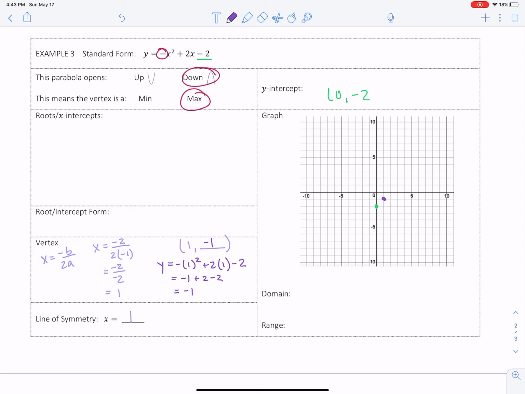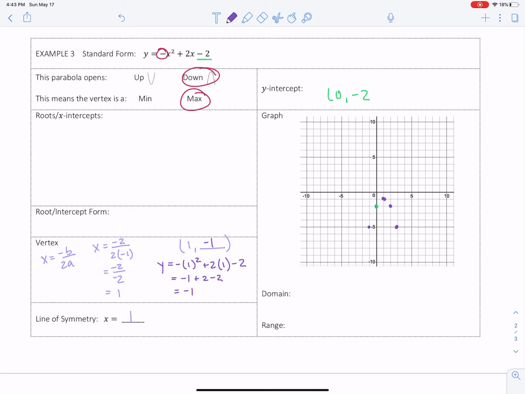Okay, so then I am going to graph this parabola using my relationships that I know about parabolas. So for my vertex, go over 1, down 1, over 1, down 1. That happens to be the same. Now from my vertex, I'm going to go over 2, down 4, make a point, and again, over 2 to the left, down 4.